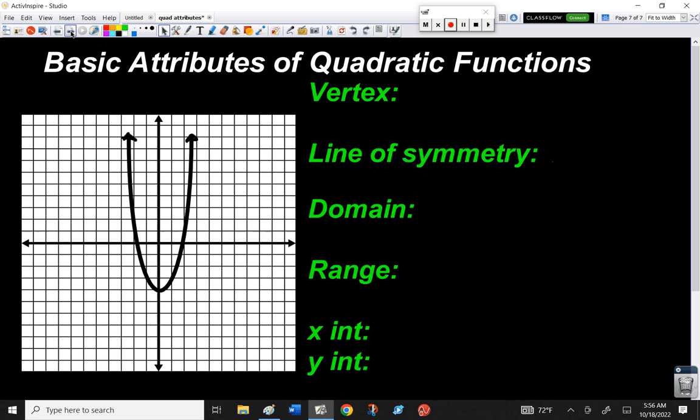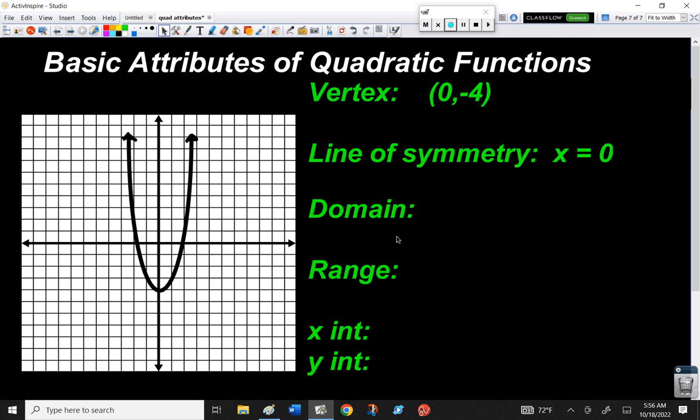After pausing the video, I hope that you wrote down that the vertex of this particular quadratic is located at (0, -4), right down here. The line of symmetry, ladies and gentlemen, is at x equals 0. Cuts the parabola right in half.